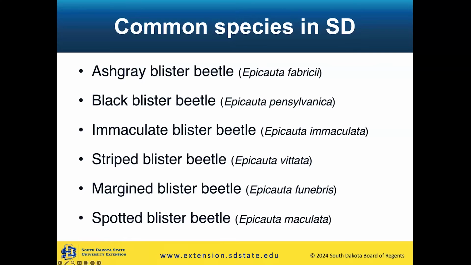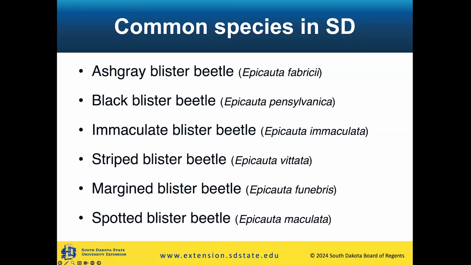They're the ones that show up first and we see them all over the place. And then the black blister beetle is also a very common species, but it shows up usually right after the ash gray. So you'll see those ash gray ones showing up in maybe June, July, and then those black blister beetles really start ramping up further into July and August.